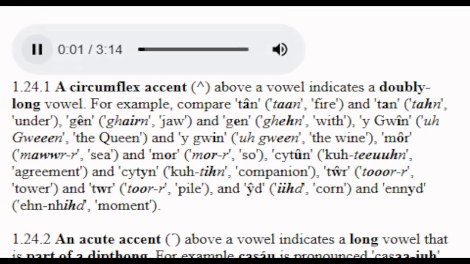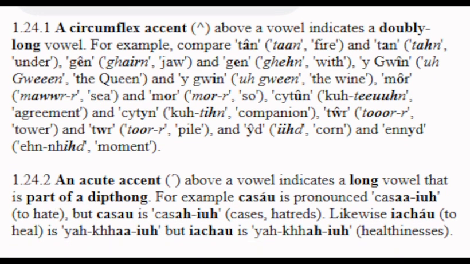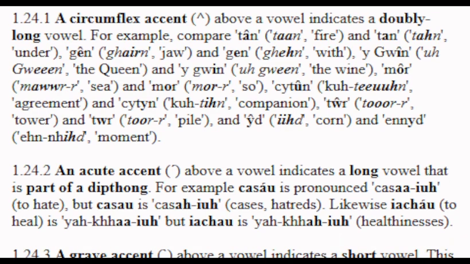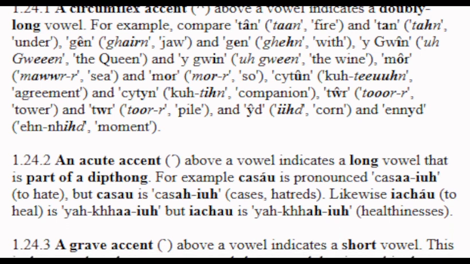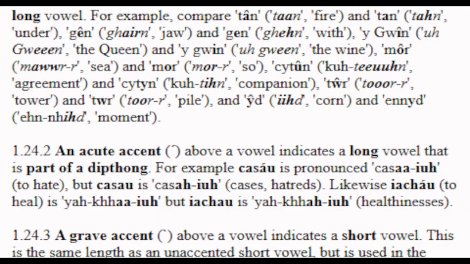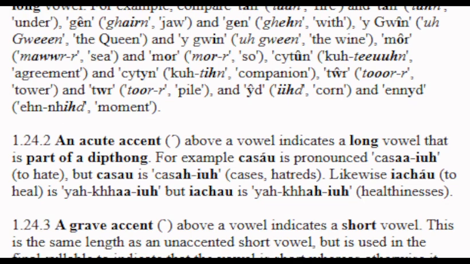Welsh accents. A circumflex accent above a vowel indicates a doubly long vowel. For example, compare tarn, tarn, fire, and tarn, tarn, under, gan, gan, jaw, and gen, gen, with. A queen, the queen, and a queen, the wine.